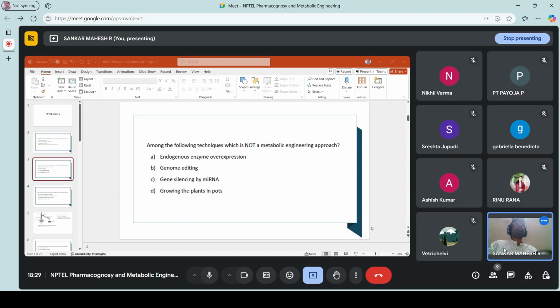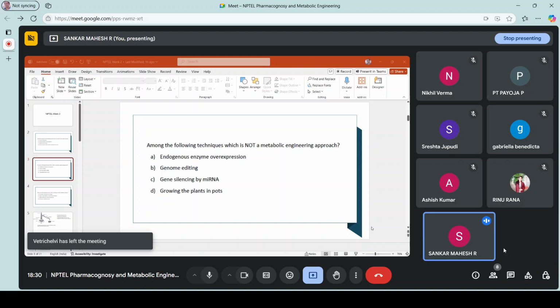And because it binds to the RNA, the cell will not be able to produce the gene product. Thereby, it will silence the production of the gene. This is also one metabolic engineering strategy. Instead of deleting our gene of interest, we can ensure that the gene is not converting to a protein or a functional enzyme by introducing this miRNA.